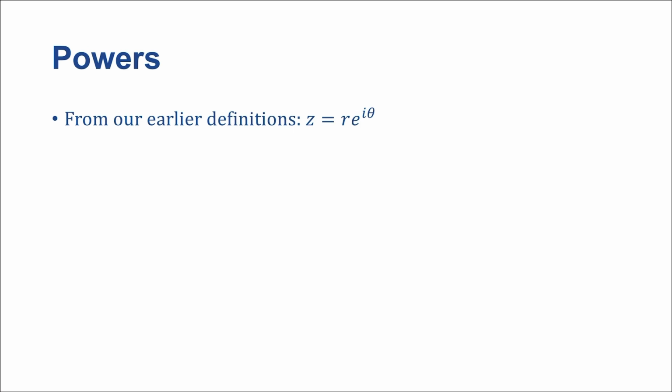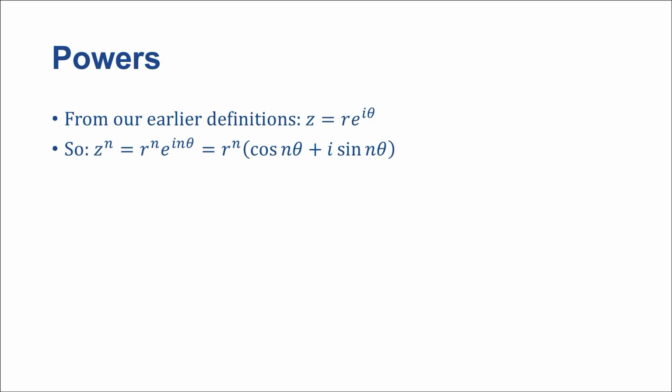Now, if you've taken a pre-calculus class or maybe studied a little bit of advanced calculus, you'll recall de Moivre's theorem. This theorem says that we can define z to the n by splitting up the exponential term before even looking at the trig function. So we can just say z to the n is equal to r to the n times e to the i n theta.